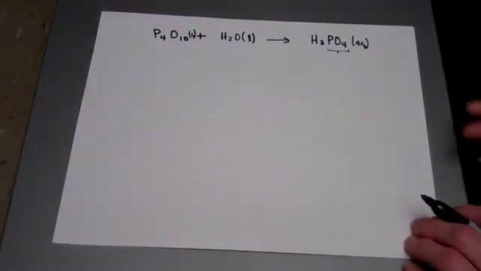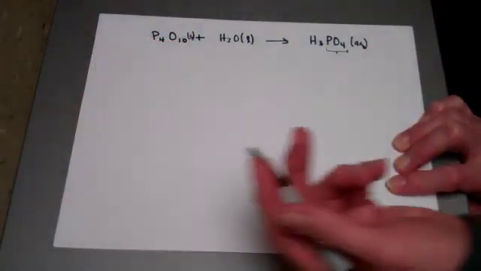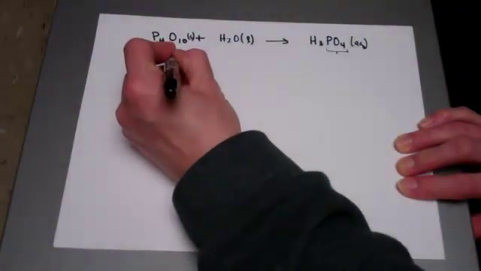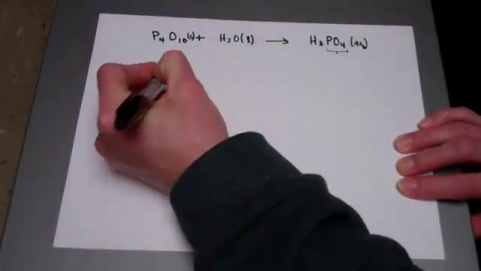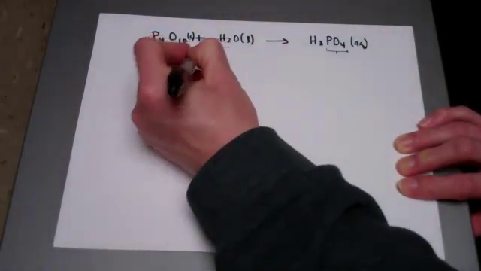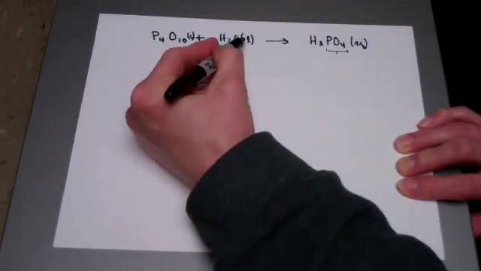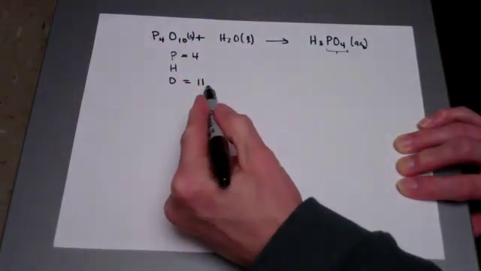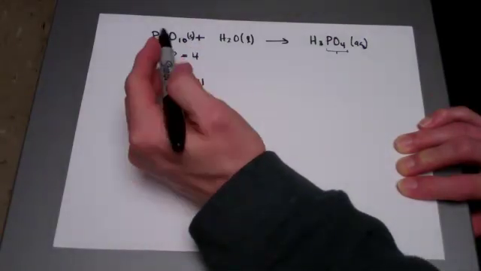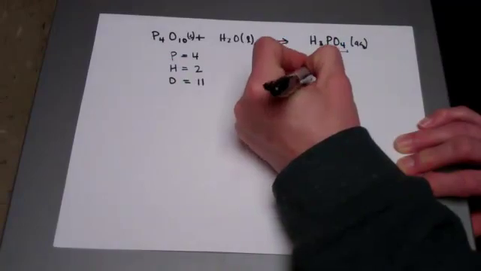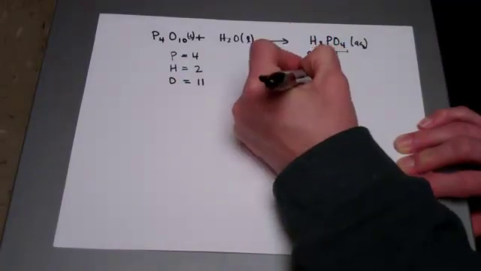Okay, so let's look at balancing now. First, summarize what you have of each atom in here. I know I've got P, H, and O on this side, right? So I've got 4 P's. I've got 11 oxygens. Odds doesn't make me happy. And I've got 2 hydrogens. On this side, I've also got these 3 elements.